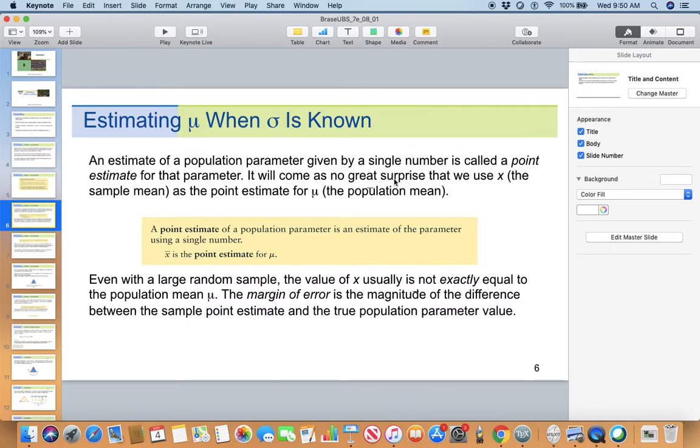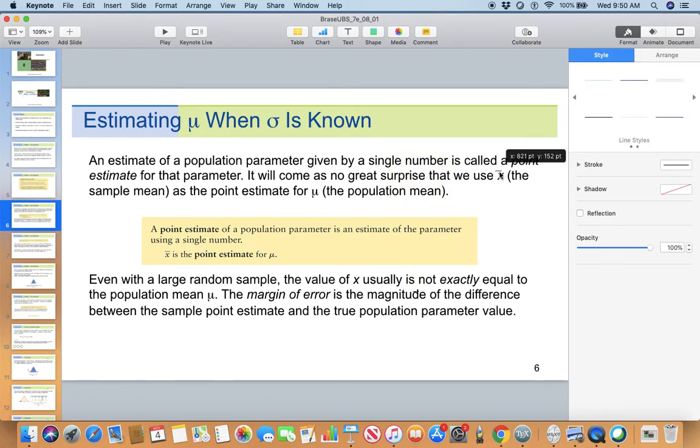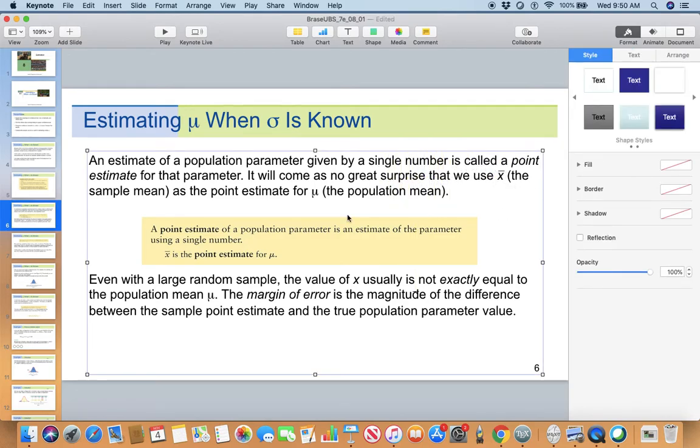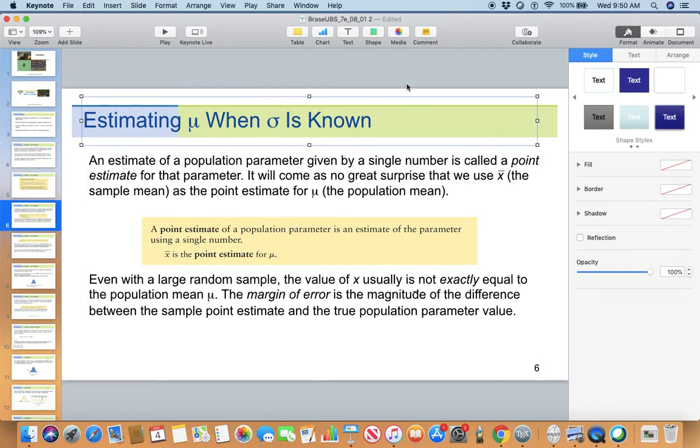It will come as no great surprise that we use x bar, the sample mean, as the point estimate for mu. So we are going to use the sample mean as a point estimate.